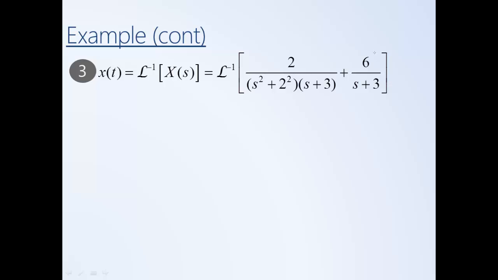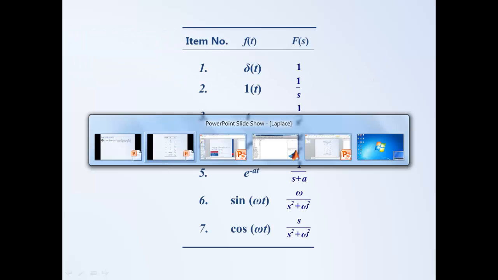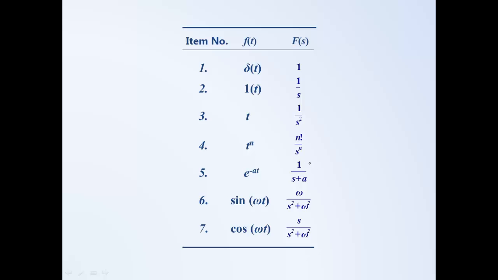It has the form of 1 over s plus a, which we can find readily in our table. This function we might not be able to find in our table directly. So here is the form of 1 over s plus a, and so that will have the form of an exponential, but there's nothing that's a quadratic term multiplying a linear term in the denominator.